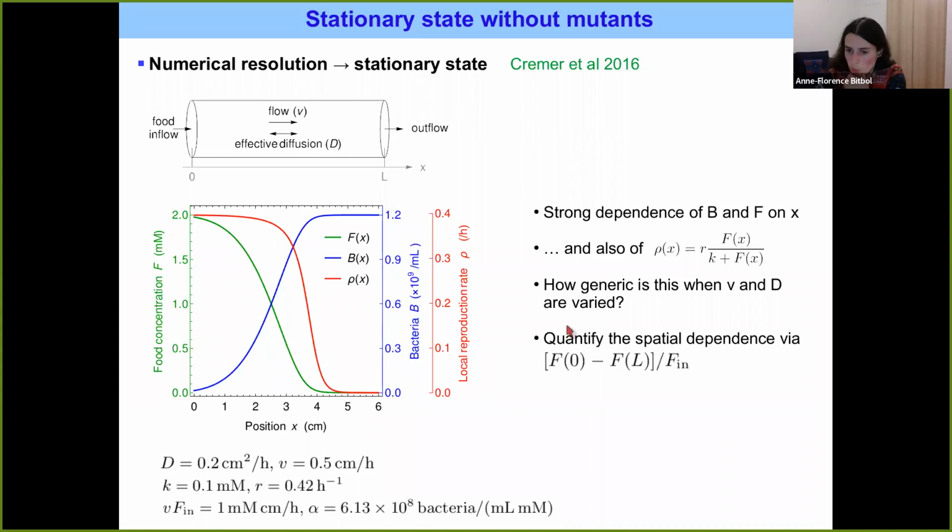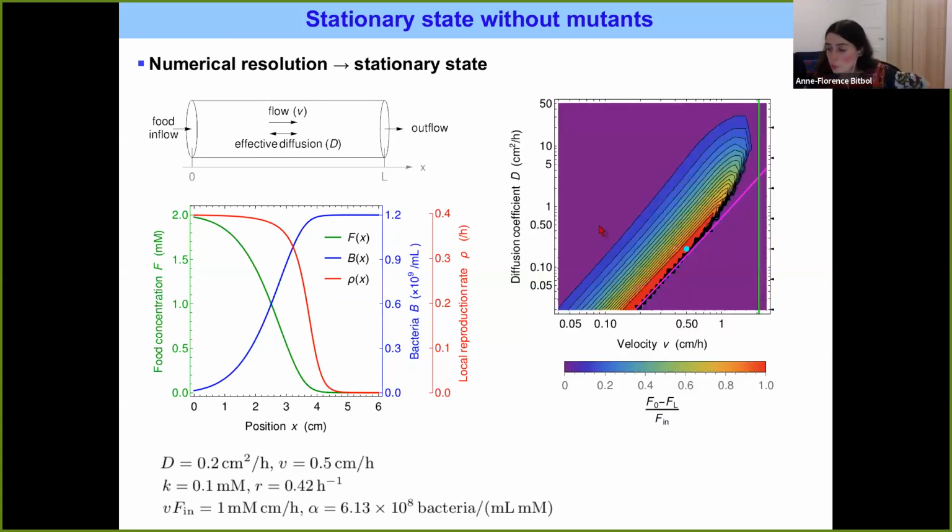In order to address this, we are going to quantify the spatial dependence by the difference of food at the entrance minus food at the exit divided by the inflow of food, with the idea that if this value is close to 1, it means that we are in this very spatial case, while if this value is close to 0, it means that there is almost no variation of food concentration between the entrance and the exit. Okay, so that's our quantity, and we are going to plot it for different values of V and D.